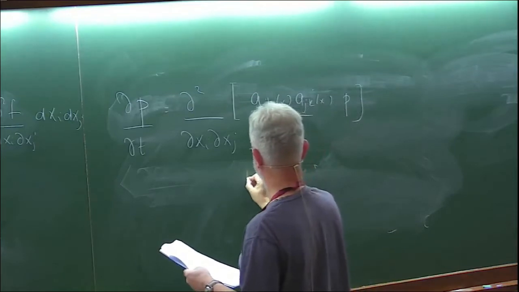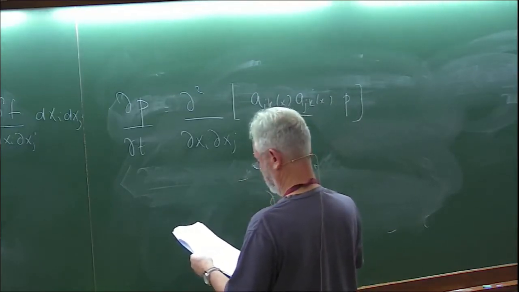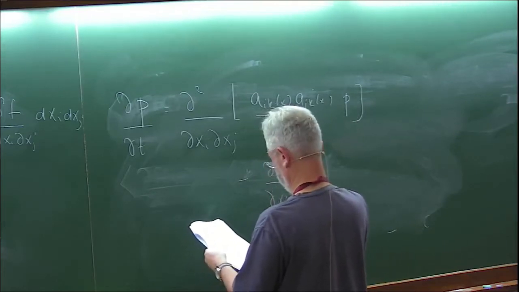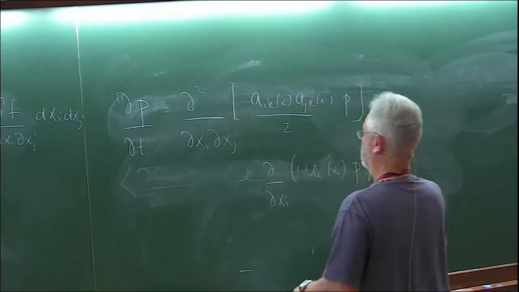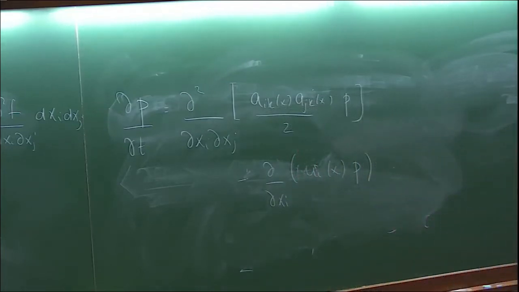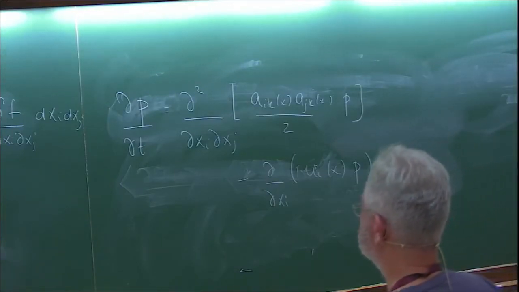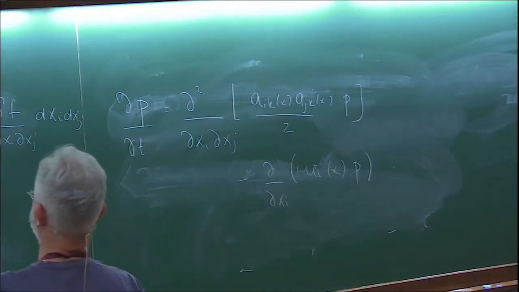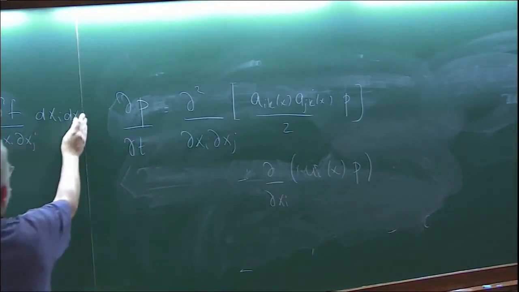And then you always have the usual drift term. That's the d-dimensional Fokker-Planck equation. Yes? Oh, sorry. Yes, I'm sorry. This should be y_i here.